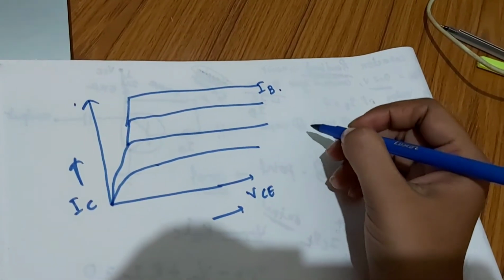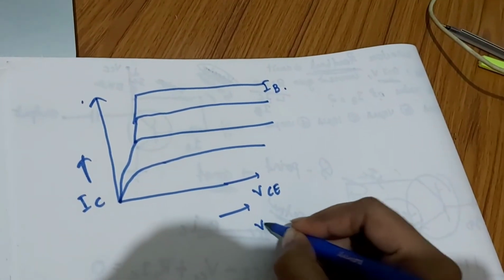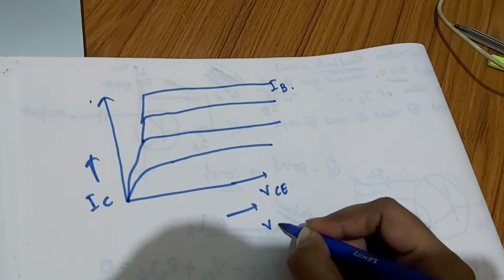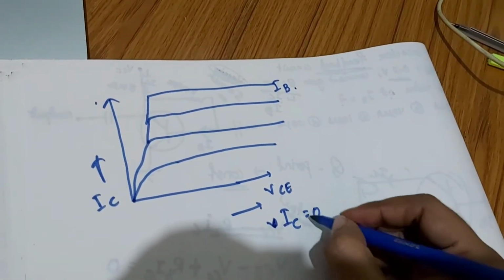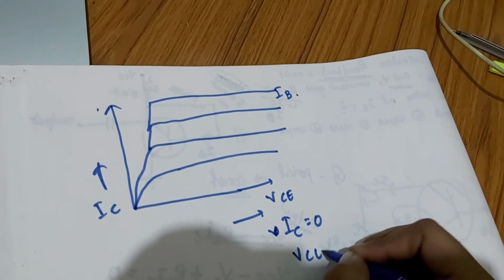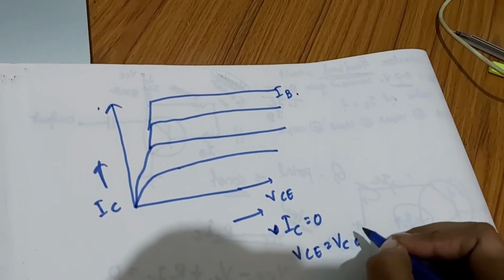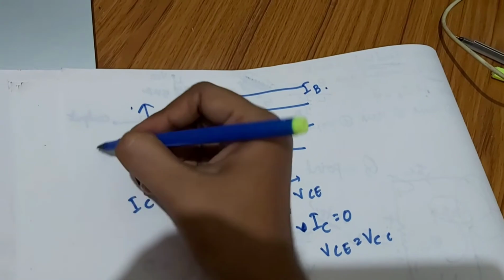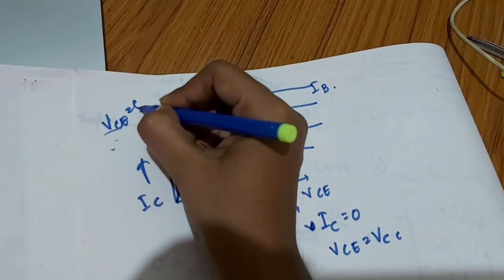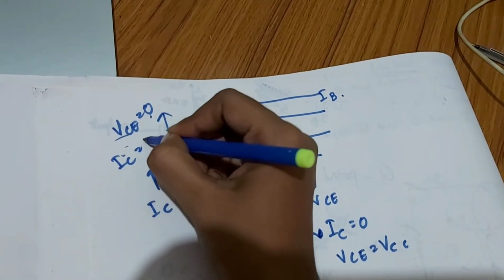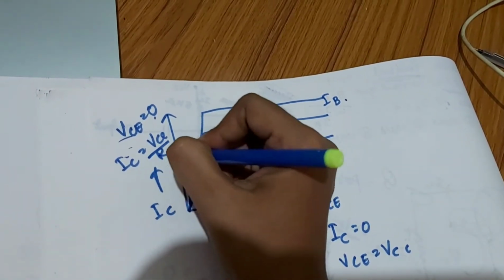From that equation, if I put IC equal to 0, I get VCE equal to VCC. And if I put VCE equal to 0, then I get IC equal to VCC by RL.